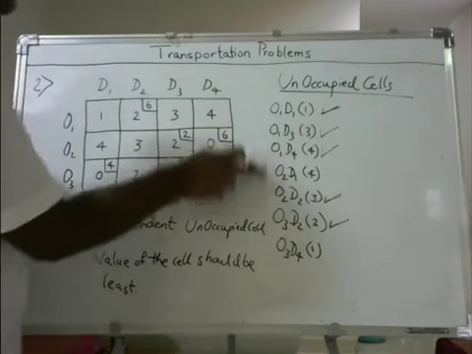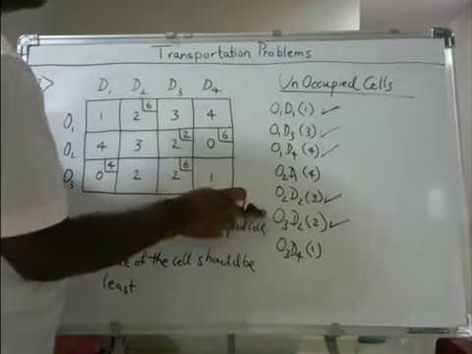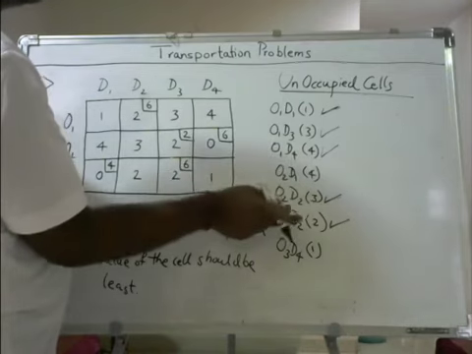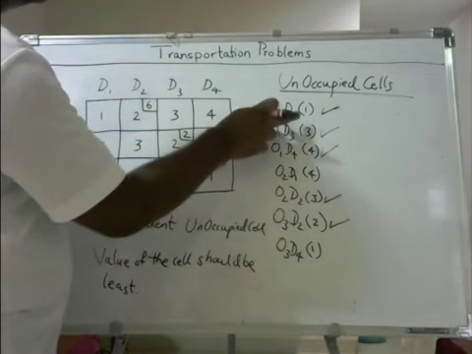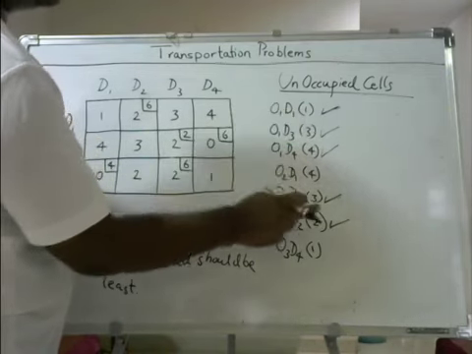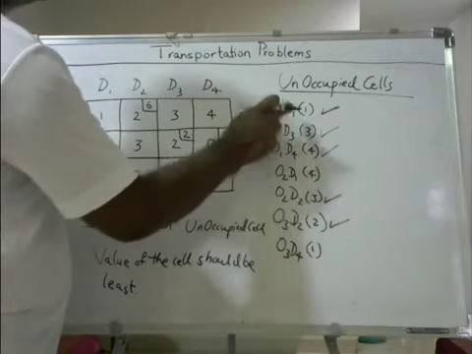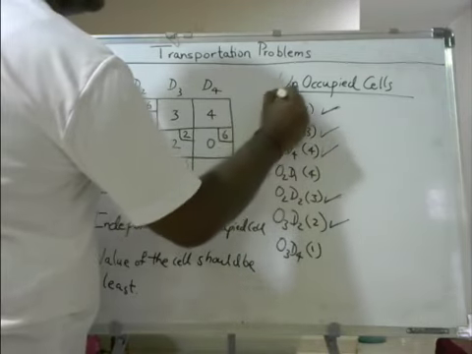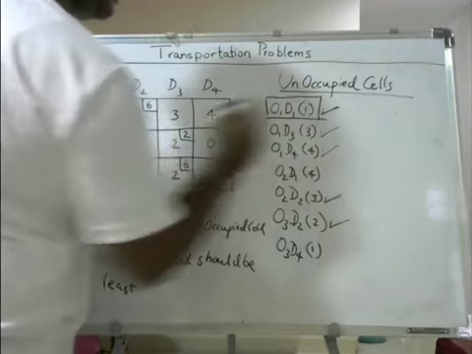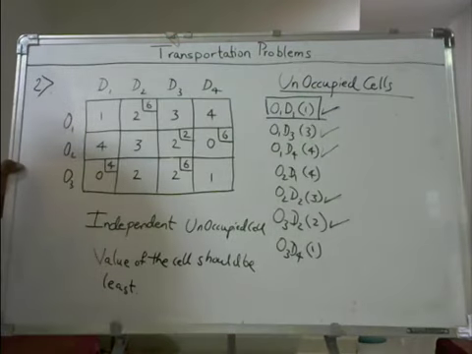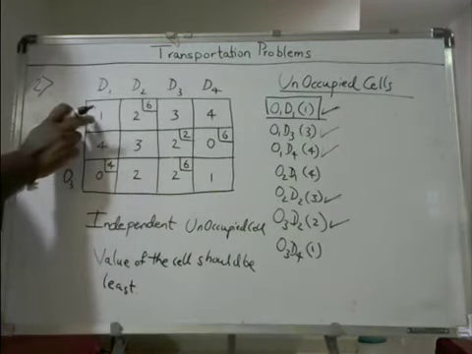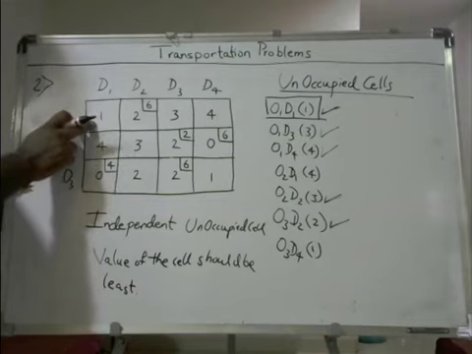Out of these independent cells, which is the least valued cell? This is 1, 3, 4, 3 and 2. Of course, O1, D1 is the cell which has got the least value. So we can allocate this cell, right?